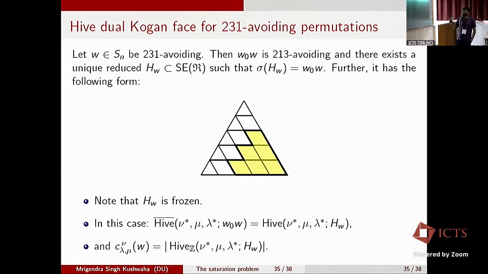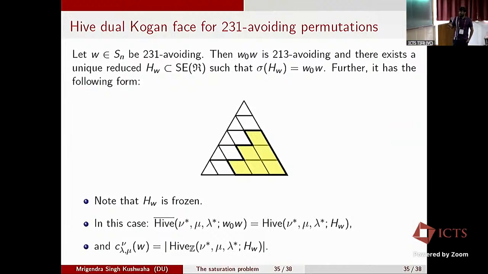For 231 avoiding permutations, we again see the same phenomenon on the dual Kogan face side. If W is 231 avoiding, then W naught W will be 213 avoiding. In this case also, there exists a unique HW of the southeast rhombus such that sigma of HW is equal to W naught W. This HW has the following form. It will be right and bottom justified with this shape, and there is no hole in it.